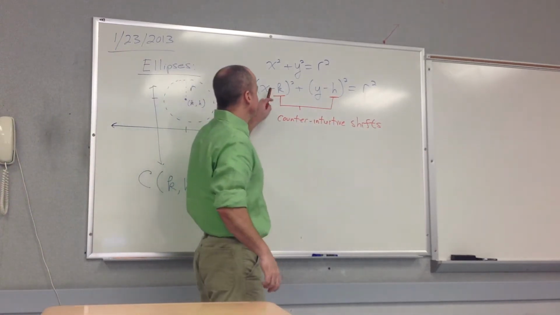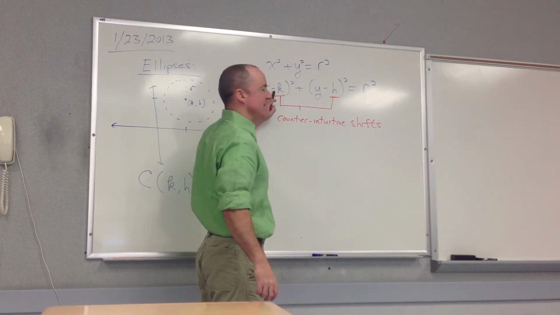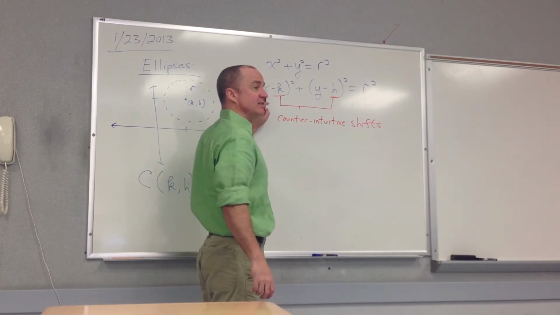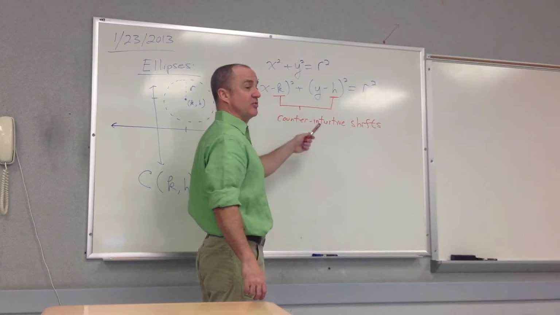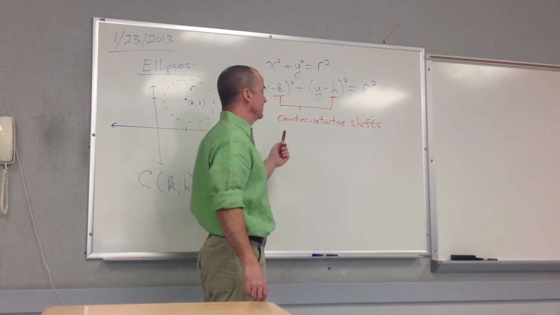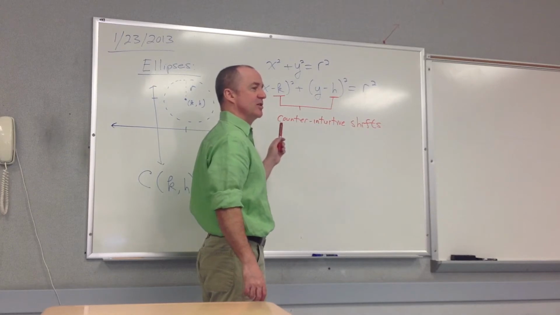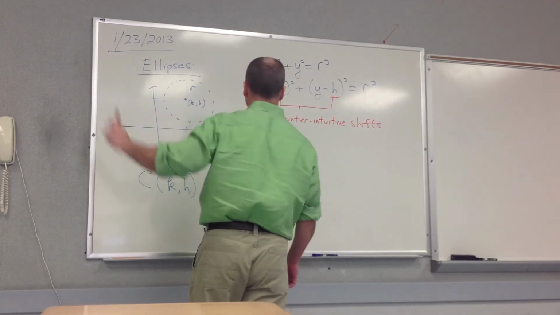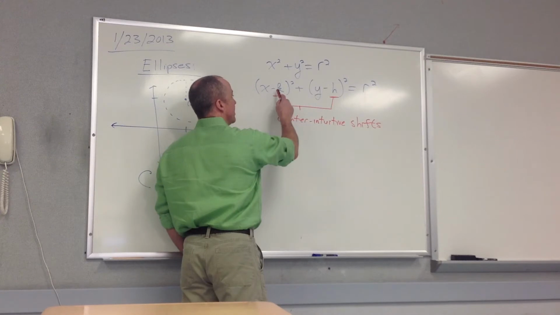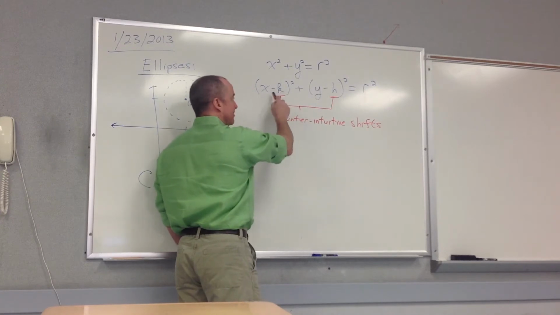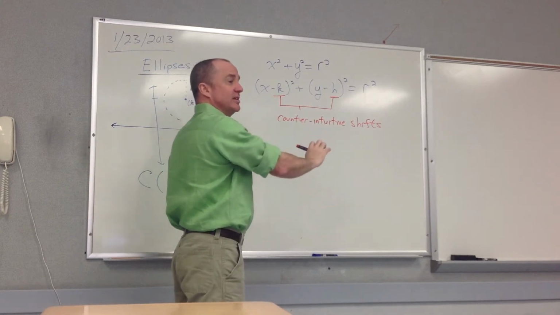For example, if you see minus in with an x, x means left and right, and a minus sign, which direction is negative on the x-axis, left or right? Everyone is pointing to their left. Excellent. Exact opposite. If you see x minus 5, that means you move 5 units to the right.